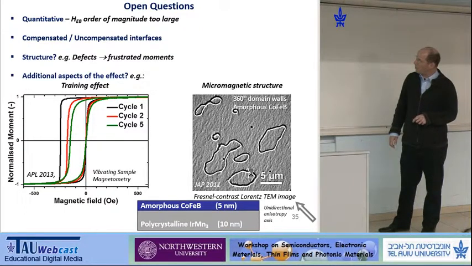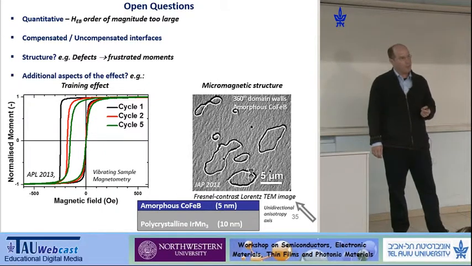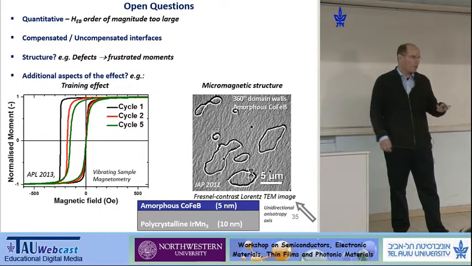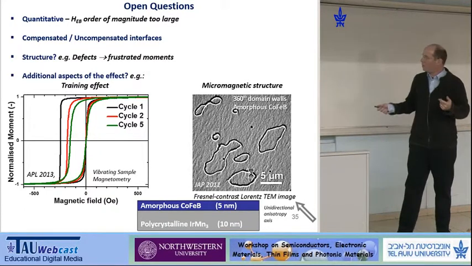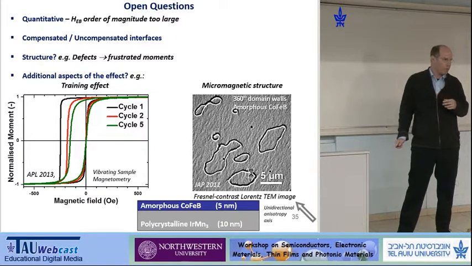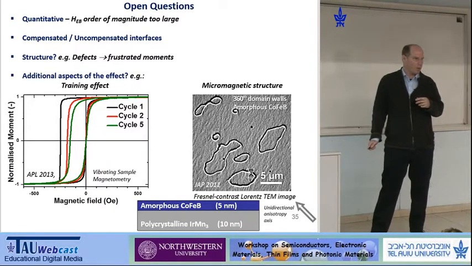And each of these lines, the contrast, is a 180-degree domain wall. So overall, what you see here are 360-degree domain walls, which is actually rather strange if you think about it. The magnetic moment just does a full loop and goes back to its original configuration. And these are very stable structures. They exist also in devices. They've also been seen in devices. Very difficult to get rid of, rather stable.